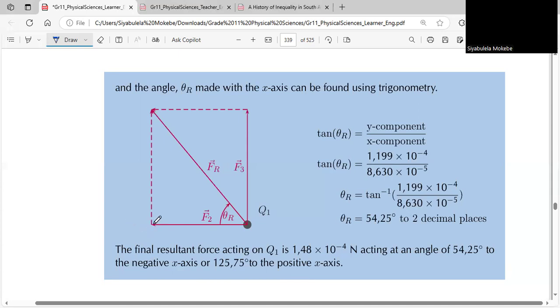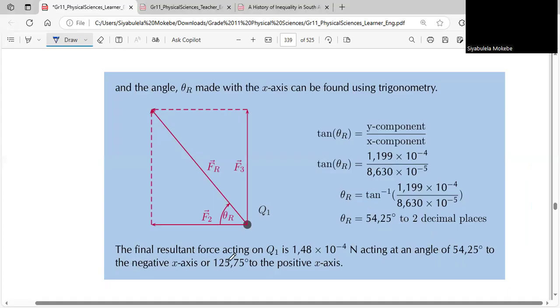If you do that, then you can see that we have our angle as 54.25 degrees.